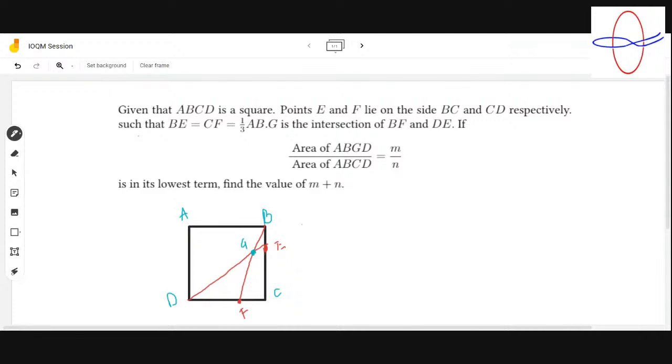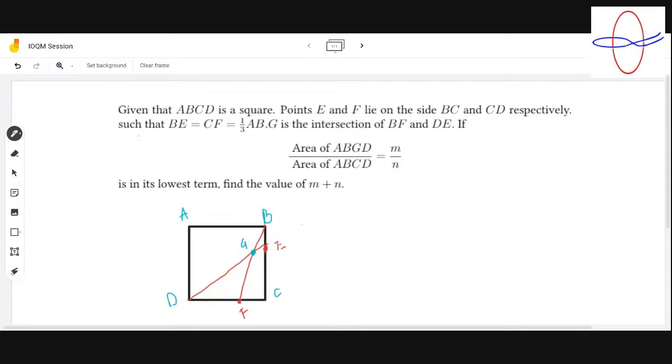ABCD is a square, and BE is equal to CF is equal to one third of AB, so it's one third of that side, and we join BF and DE to meet at G. So the area of this quadrilateral ABGD is M by N times the area of ABCD.